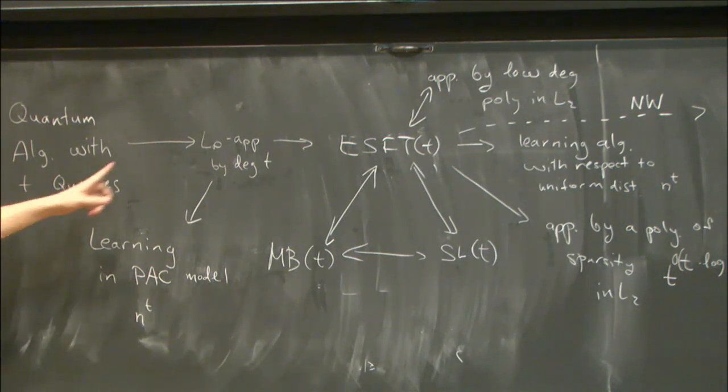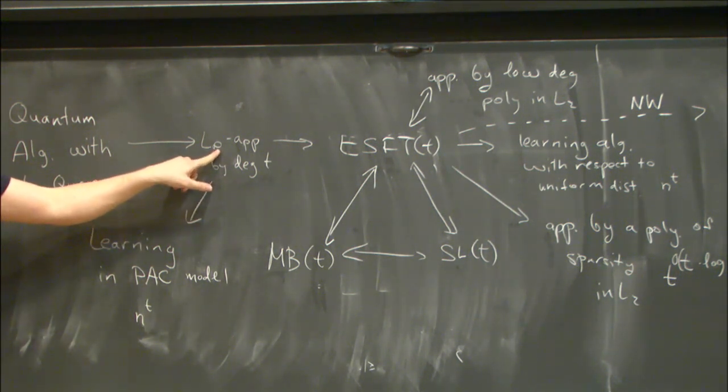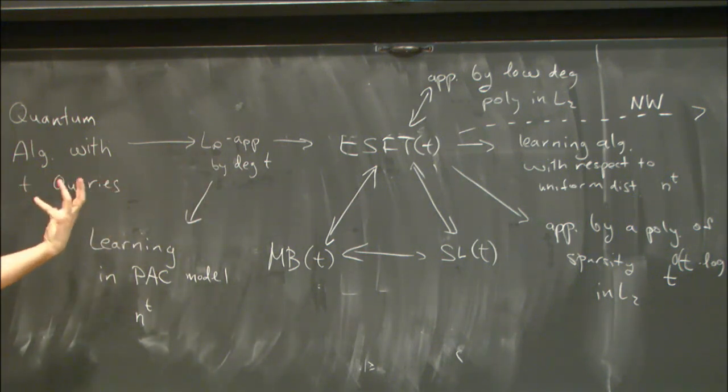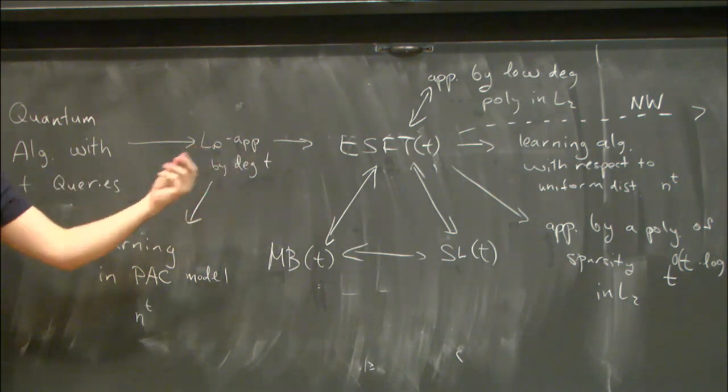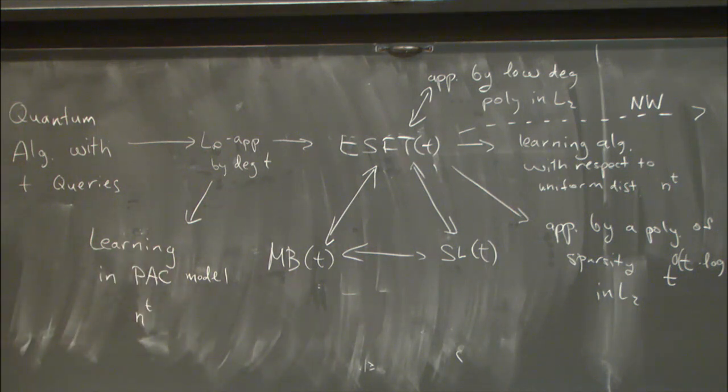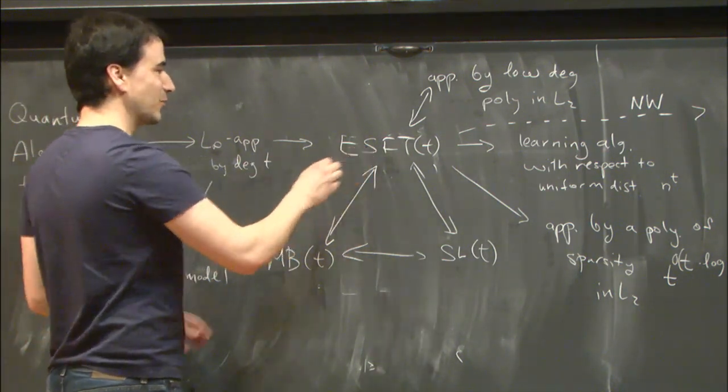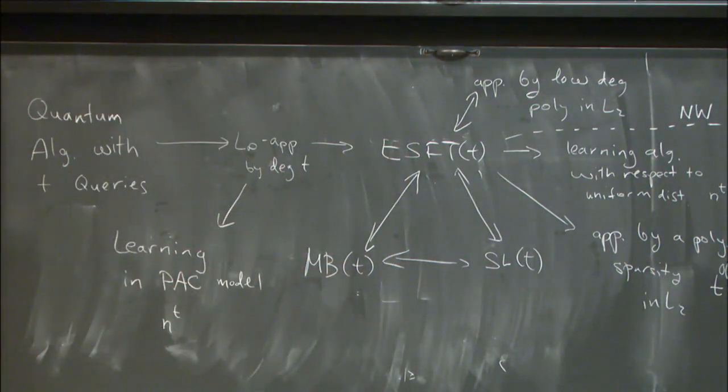So maybe it's easy to see why this gives an L infinity approximation. The quantum algorithm should be correct on each input with probability, let's say, 1 minus epsilon. So this translates into something which is correct on each input with probability 1 minus epsilon. I'm ignoring a constant factor. Yeah, so everywhere you can replace t with O of t.